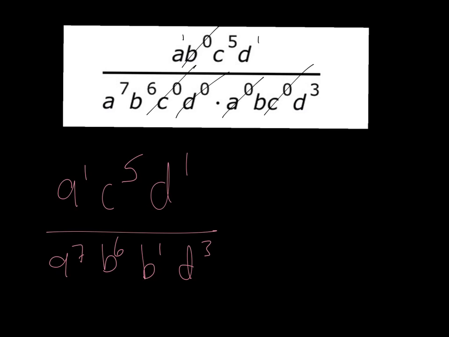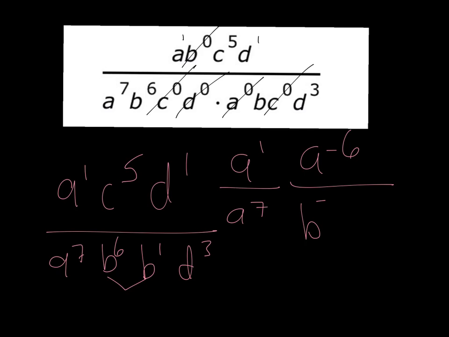So now if I start to look at those, I'm starting to think about what else do I have in my numerator. If I start canceling some things out, I know that I'll have a to the first divided by a to the 7th. That's a subtraction problem, so I get a to the negative 6th. Then I have my b's to combine down here, and so down below I'm going to get b to the 7th.